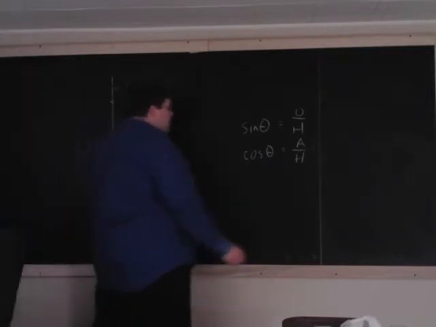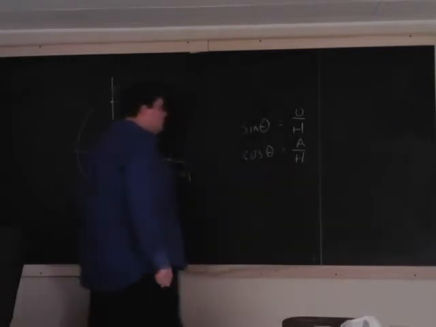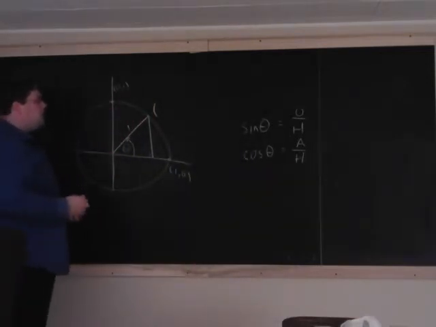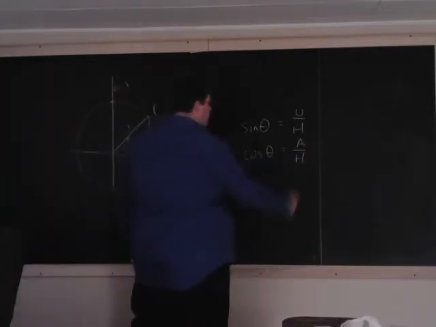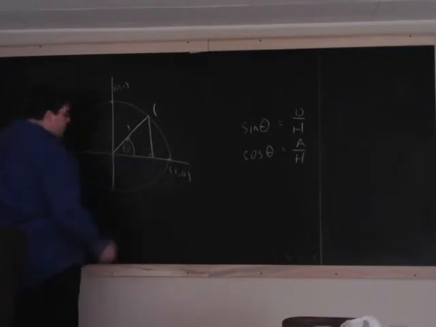Let's do cosine first. Cosine is adjacent over hypotenuse. Hypotenuse is 1. Adjacent over 1 is just adjacent. So this x length, this leg of the triangle, has length cosine of theta.